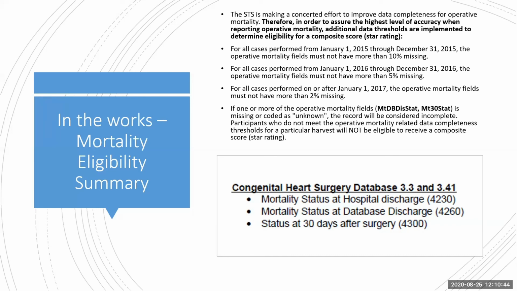It's also important to keep in mind that for the 2 variables, mortality database discharge status and mortality 30-day status, if either is coded as unknown, that record is considered incomplete, because unknown is considered missing data for analysis. IQVIA is going to go over this report to help you in your data cleanup efforts so you can ensure that your data is clean and eligible for mortality and composite.